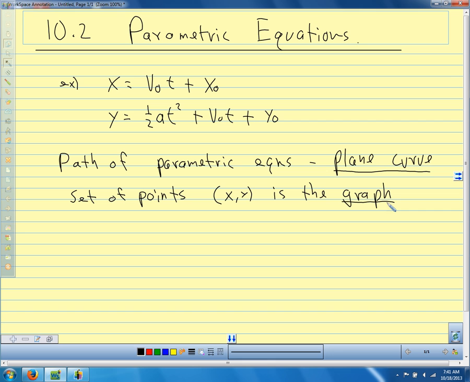And then the graph, along with the set of points, is how we describe the plane curve. So the path is the set of points plus the equations.